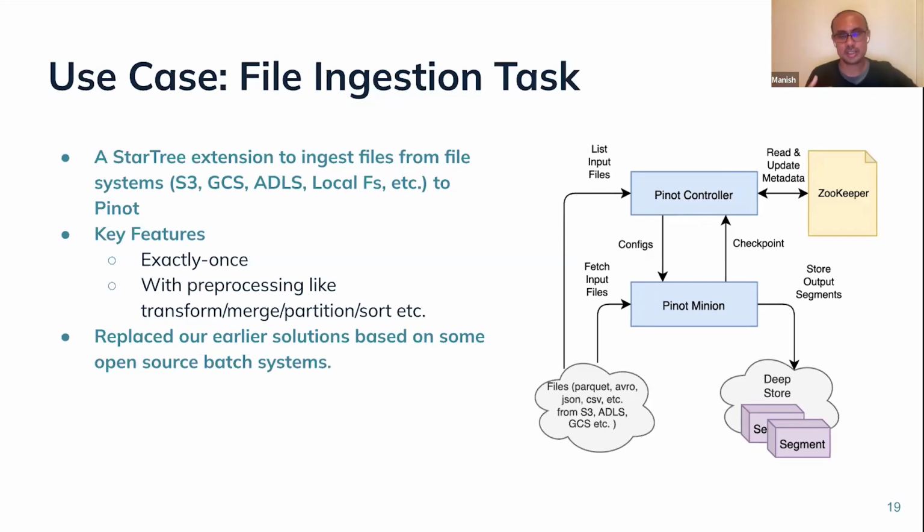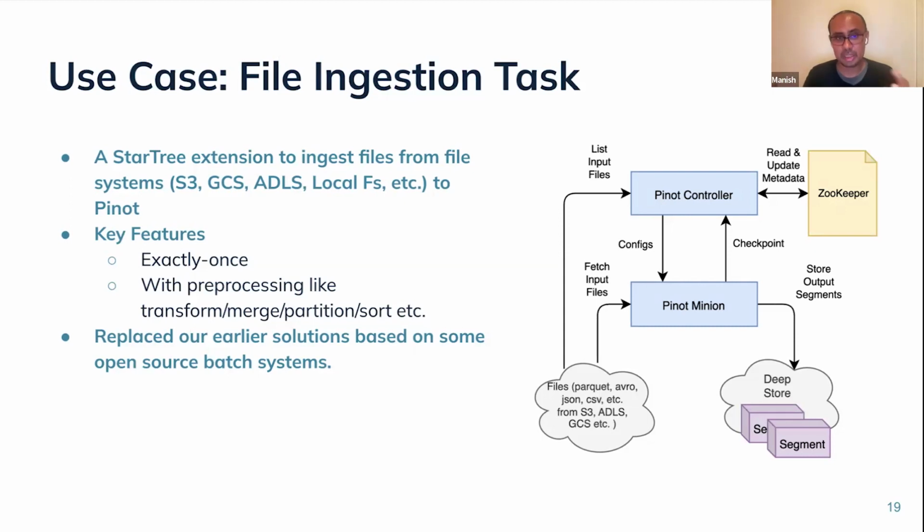It has these key features. When you have data at those sources, we want to process and ingest the data exactly once. The other thing is that we also have capabilities in the ingestion framework to do pre-processing of data. We can do transformations, merges, partitioning the data, sorting the data, and so on.